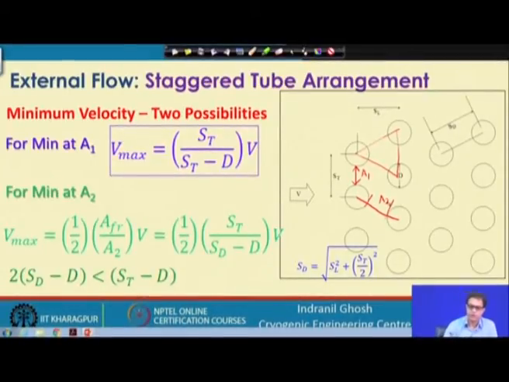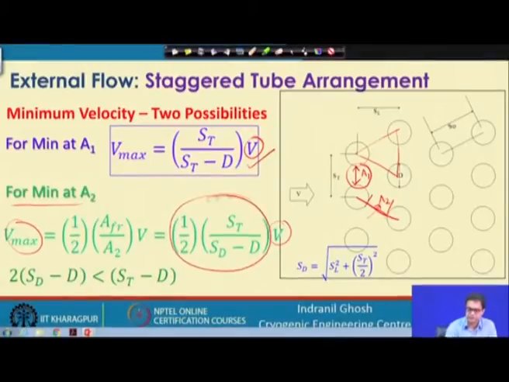So, we have also learned that if the area is minimum at this point, or the maximum velocity is occurring at this point, the maximum velocity is related to the free stream velocity by this relation, and if the maximum velocity is occurring at this point A 2, we find that the V max is related to the free stream velocity by this relation.